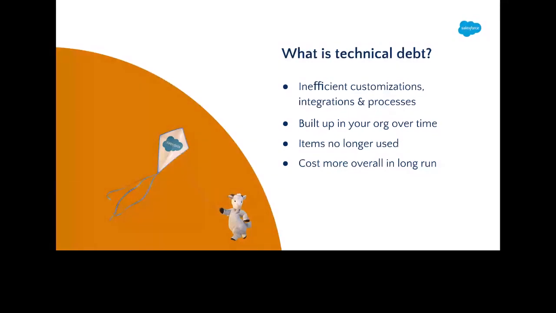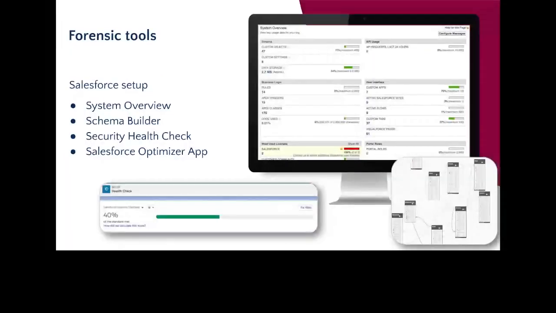All right, moving ahead. There are forensics tools available within Salesforce, which help you assess how your org is doing. You can go to the Salesforce setup. There are multiple features.